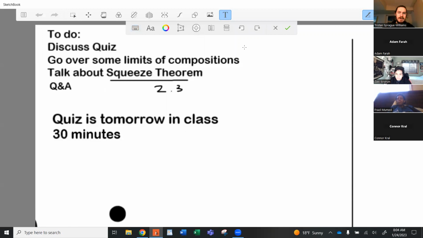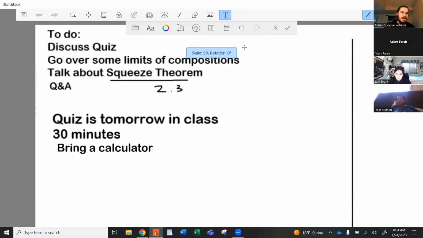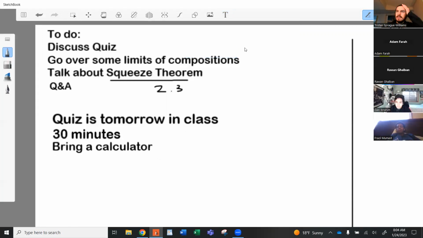Bring a calculator. I remember you said one time that you were going to bring laptops so we could use Desmos instead. Is that still happening? I'm just now realizing that I forgot to request those. I think if I do it now, I can probably still get them for tomorrow morning.